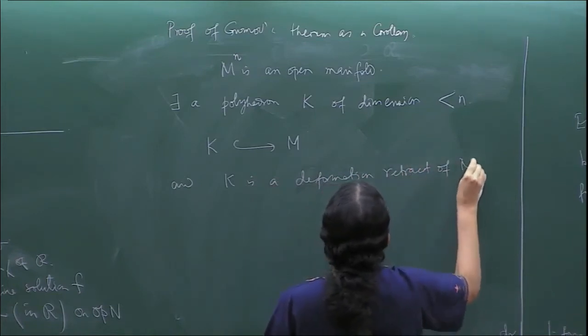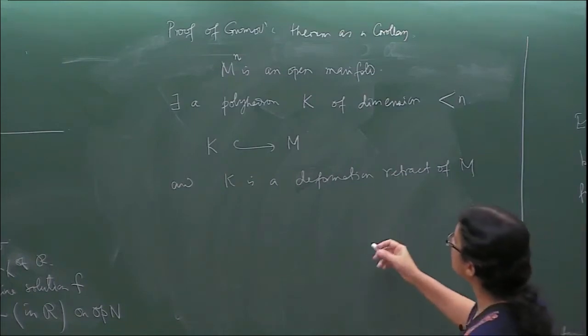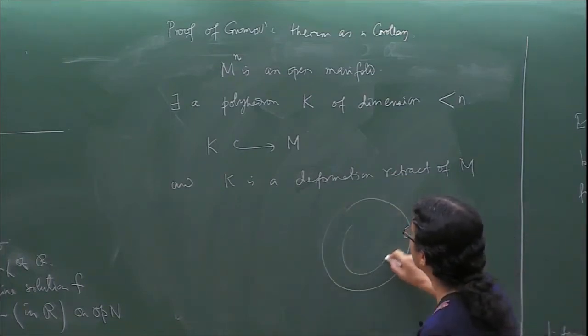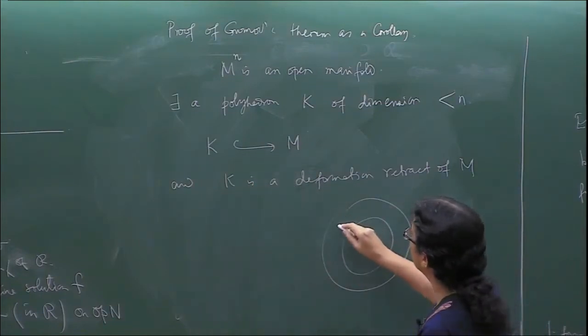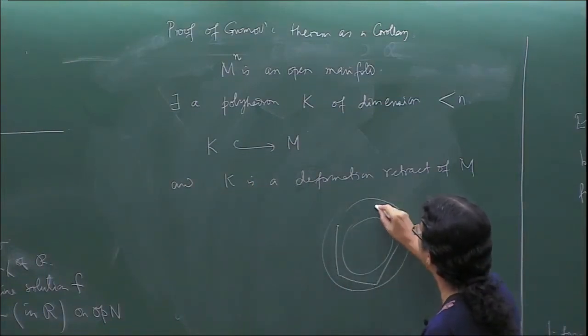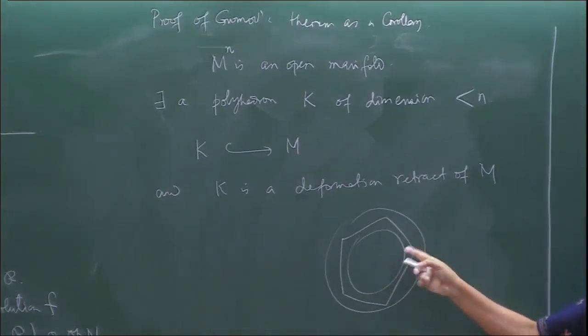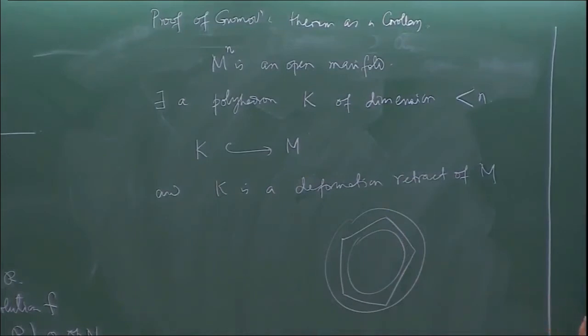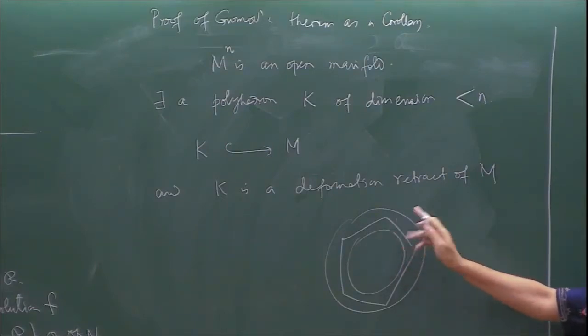So what is an open manifold? It is either with boundary or it is non-compact. The simplest example you can see is an annulus. What is the K? You can take K to be something like this, and your whole manifold contracts onto this one-dimensional object. So basically, you have one free direction, meaning this dimension is one less than the dimension of the manifold.